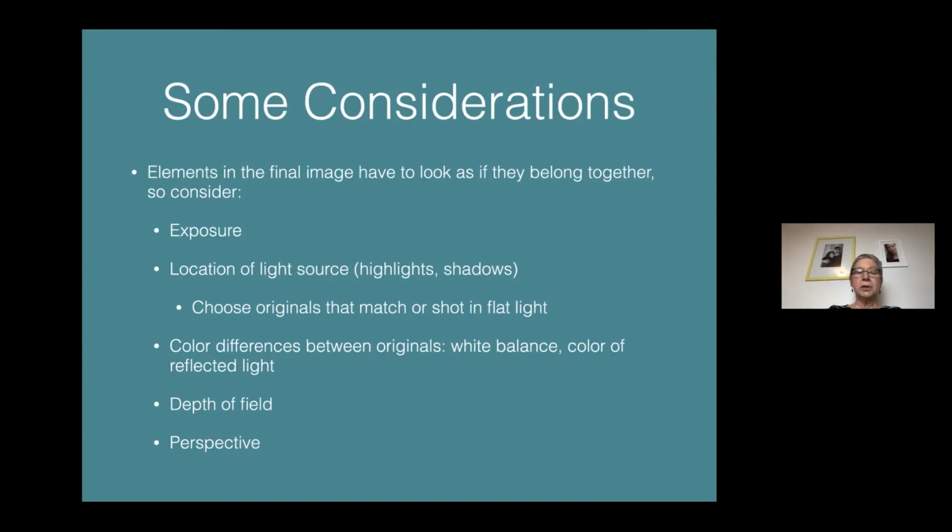You want the location of the light source to be similar because you want the highlights and the shadows to match up. To do this, you either have to choose originals that were shot with a light source from the same direction or have them shot in flat light.